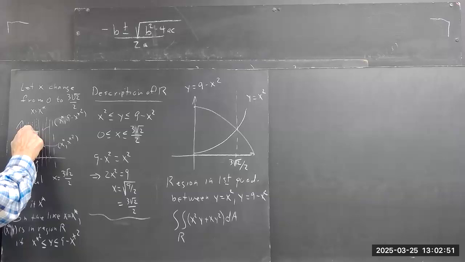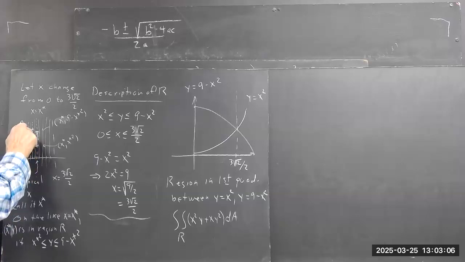So I'm going to get something that kind of looks like this. Each of these is a little rectangle. It's a little increment of the area.